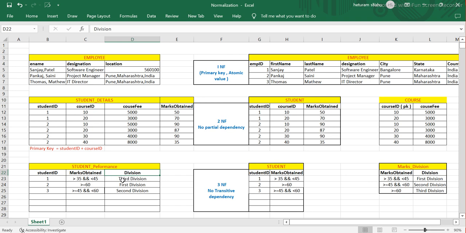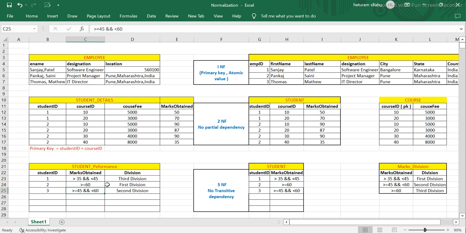Student 2 has got 60% or more, so that's first division. So these are the categories: first, second, and third division, right?